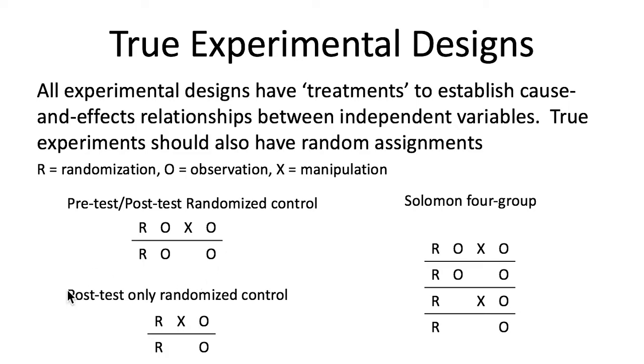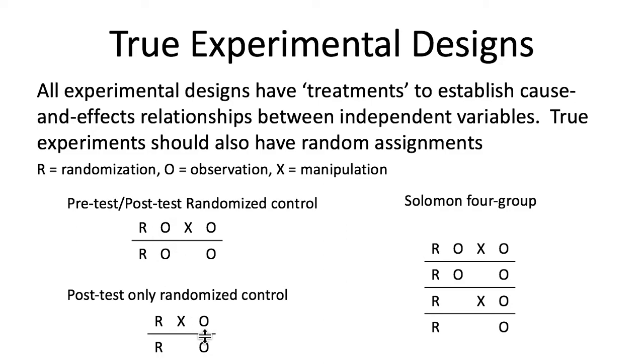So if I want to see how long it takes you to solve a puzzle, giving you a puzzle to solve and clocking how long it takes you before I give you some kind of intervention is going to cue your mind and affect how you perform on the post-test. So sometimes, either by design or because I think there's going to be a problem with the pretest, I just look at the post-test. Give somebody an intervention, see what happens. Don't give the other group the intervention and see what happens with them.